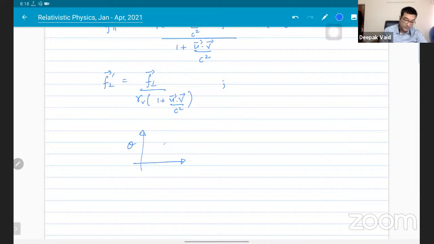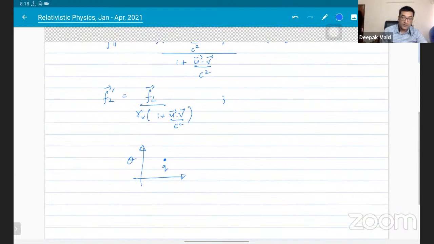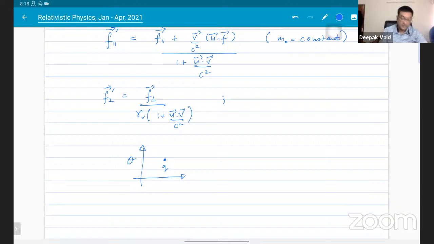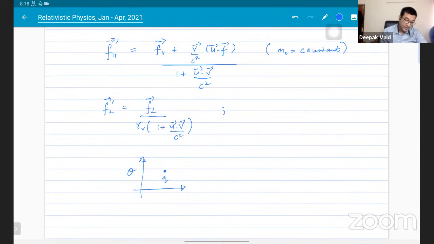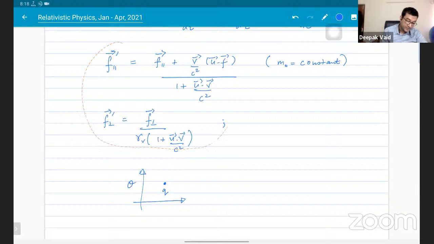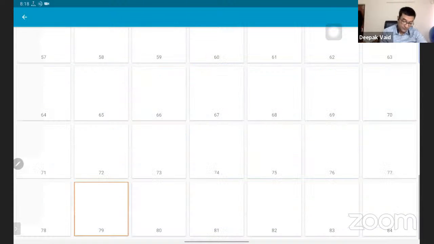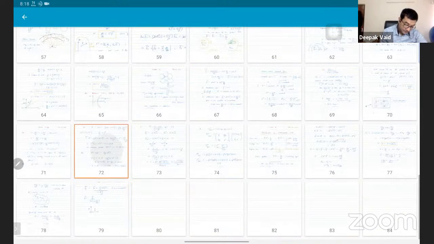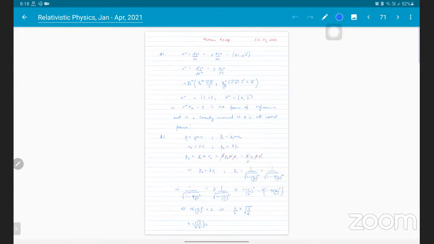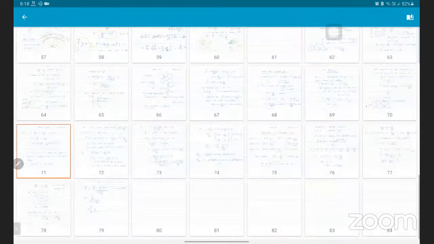Now, we have some frame of reference O. In this frame of reference, there's a charged particle. Also in this expression, let me clarify what these different velocities are. What is v and what is u?